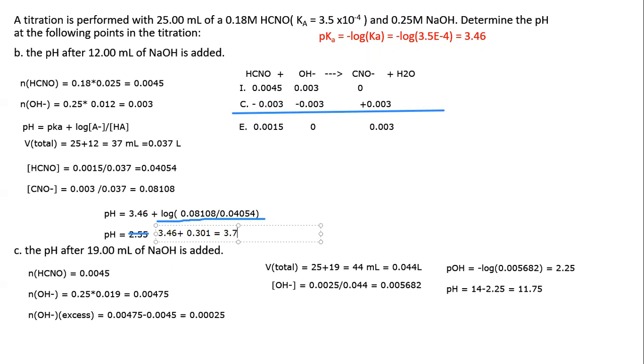So that's the pH after we've added 12 milliliters of sodium hydroxide. So make sure you make that correction in the problem. So again, the correct pH for part B is 3.76.